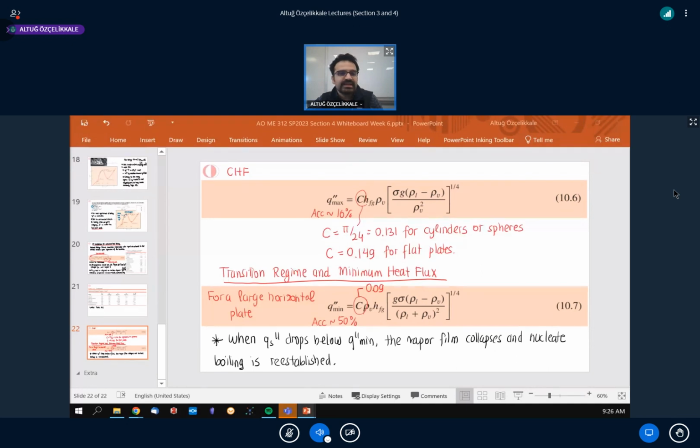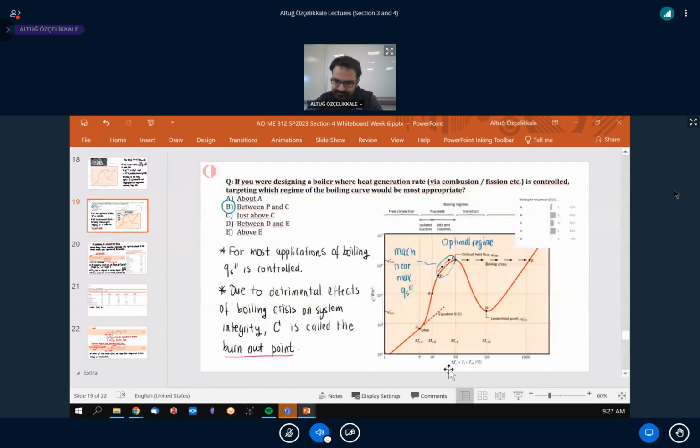Ahmet Emir is asking, does this mean that there can be abrupt jumps in heat flux? So it depends on how you are going in. When you look at this curve again, let's go back to this curve. We are controlling the heat flux. The heat flux is not jumping. We are sustaining the same heat flux.